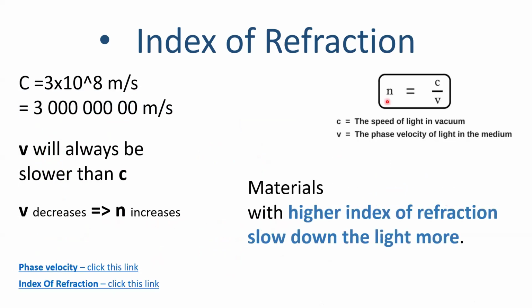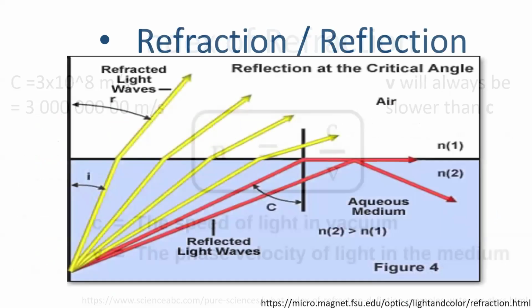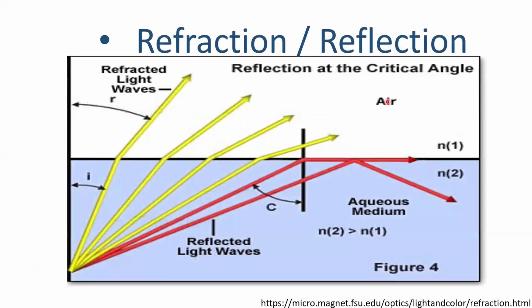Go back to this slide here for a sec. Let's say we want to transmit the light through the water. What will we have to do? We would have to surround the water by air, right?